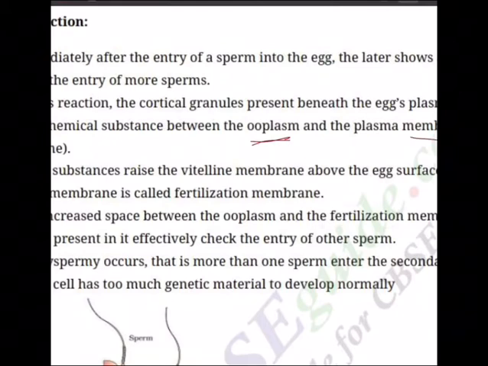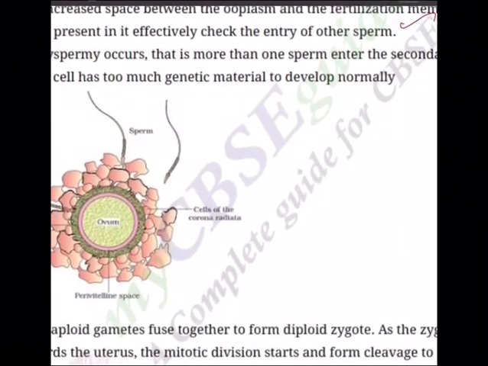These substances raise the vitelline membrane above the egg surface. The elevated vitelline membrane is called fertilization membrane. The increased space between the ooplasm and fertilization membrane and the chemicals present in it effectively check the entry of other sperms. And if polyspermy occurs, that is more than one sperm entering the secondary oocyte, the resulting cell has too much genetic material to develop normally, but that doesn't happen.